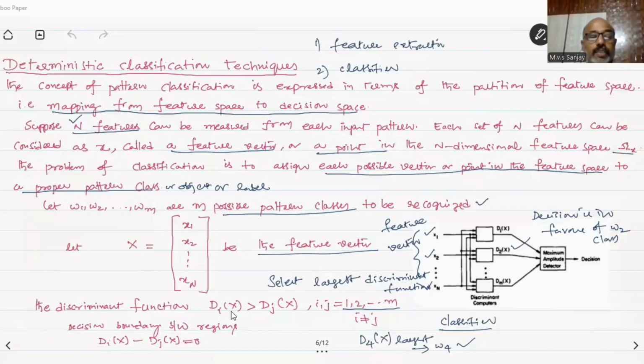The discrimination function is expressed as di of x greater than dj of x, where i and j take 1, 2, and so on, m, i not equal to j. Decision boundary between regions: all regions are mutually exclusive. The difference between discrimination values is equal to 0.